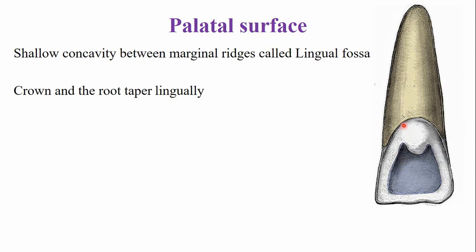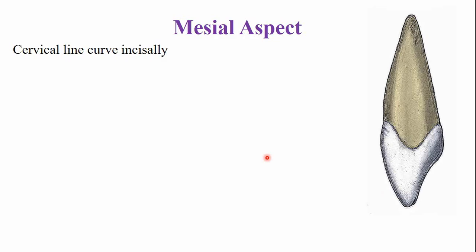Now the crown and the root taper lingually. You can see part of the mesial side and part of the distal side visible from the palatal aspect, because the crown and the root taper on the lingual side. If you see the cervical line, it curves incisally.